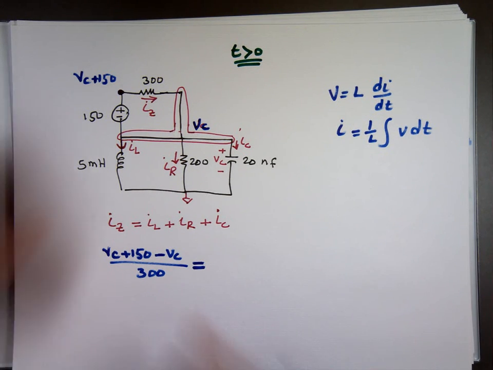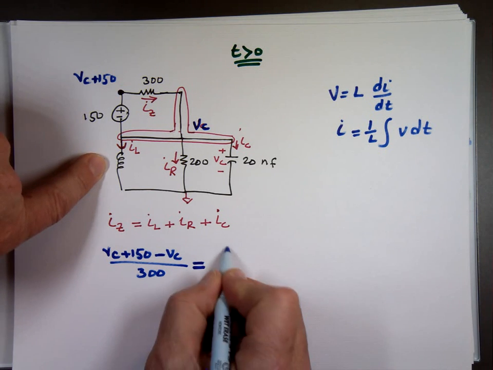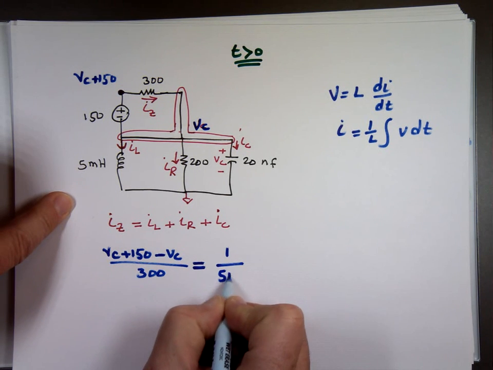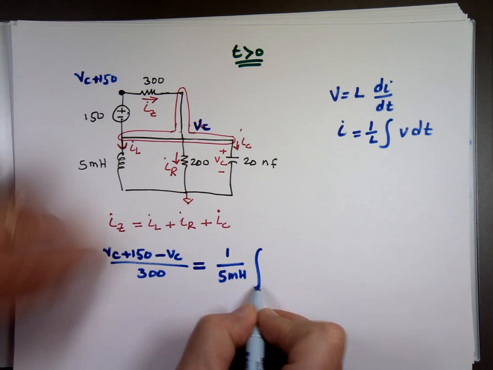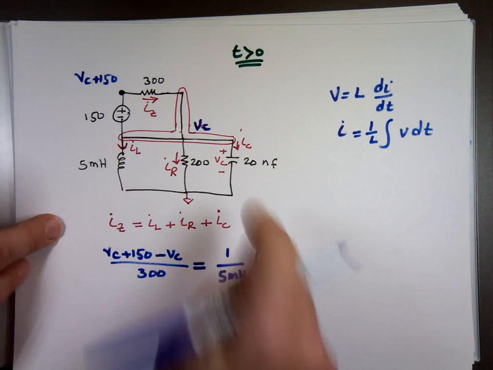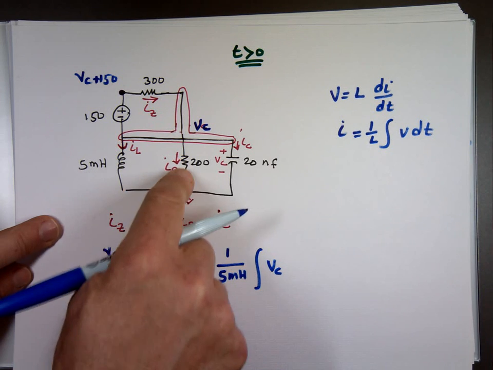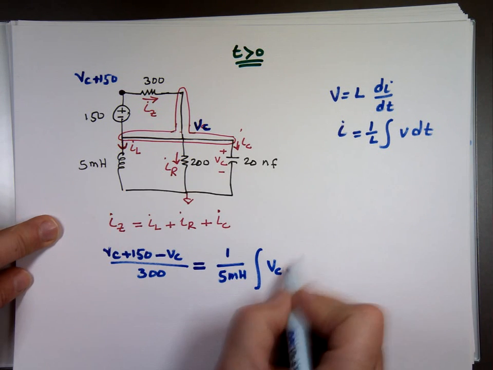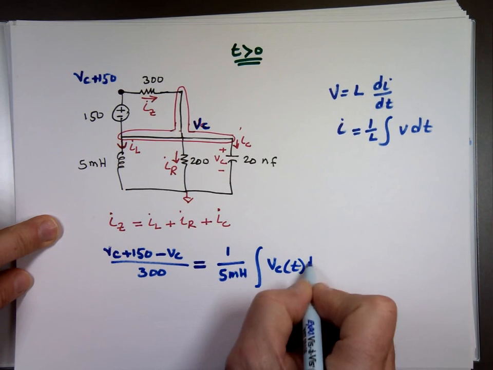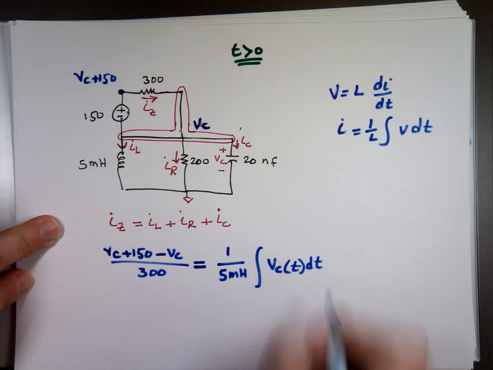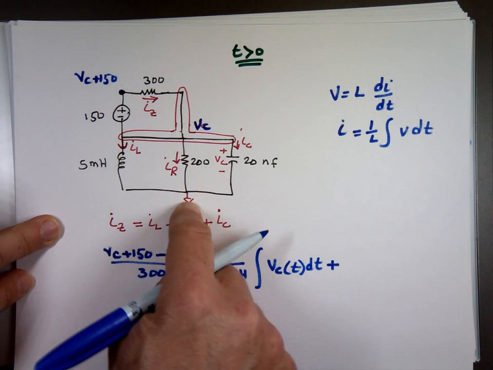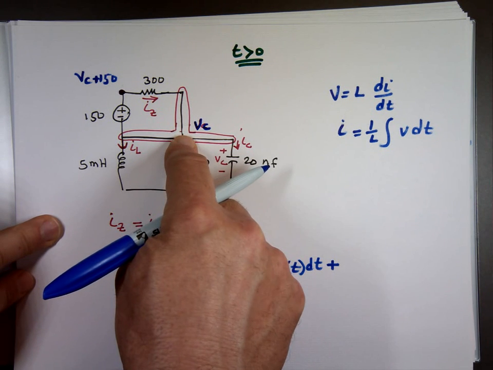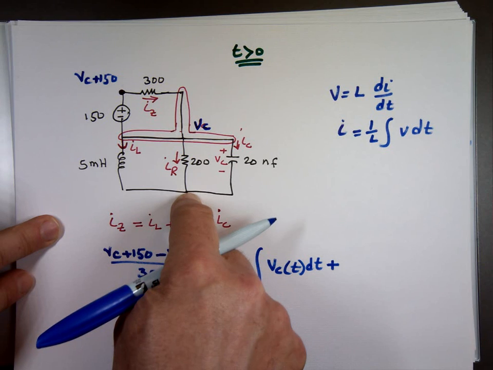So if I use that for the inductor, it's 1 over 5 millihenry, the integral of the voltage, which is VC, that's the only voltage across that. The voltage here is the same as this here, the same as that one. Plus, what's I sub R? It's this voltage minus this voltage divided by 200.